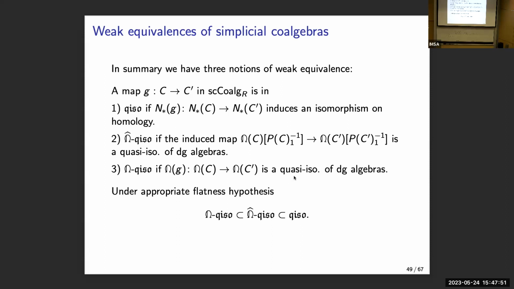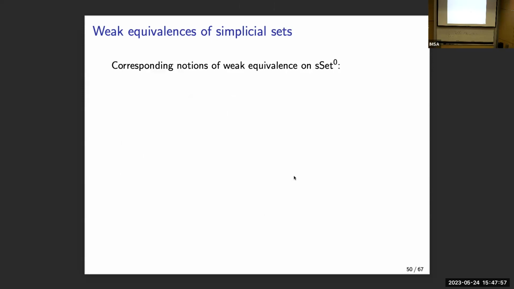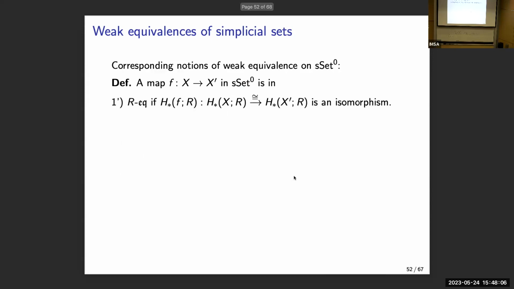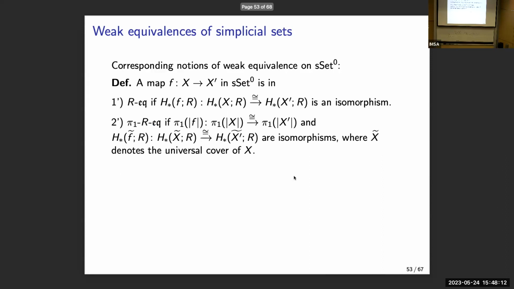Now let's consider the corresponding three notions for simplicial sets, reduced simplicial sets. Let's define a map of reduced simplicial sets, simplicial sets with one vertex, to be in the class of R-equivalences if it induces an isomorphism on R-homology.